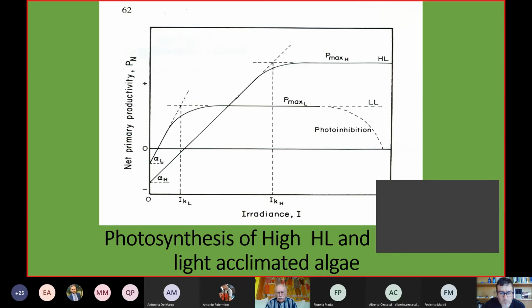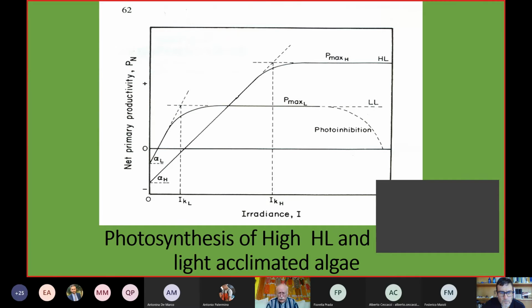And then you see that the low light line is steeper. I'll get to that. The angle at the bottom, the alpha L against the alpha H, are different. We shall get to this in a moment.